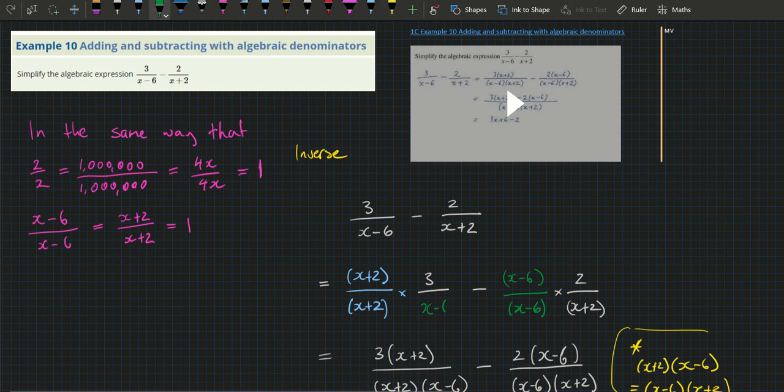So x minus 6. That relates to that one. And this one over here, I'm using the opposite base from this one. Because x plus 2 is here, I multiply the other side by x plus 2. And because the x minus 6 is on this base, I multiply the other side by x minus 6.